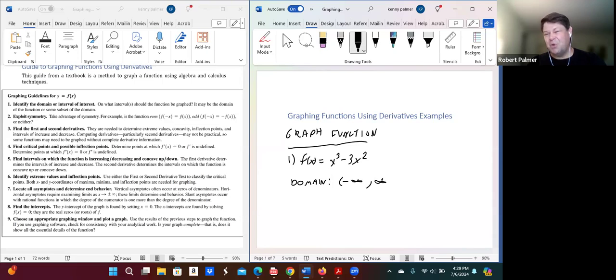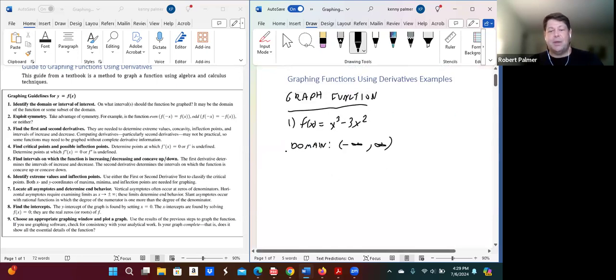We're not going to try and graph it that way, obviously, but that's our domain. If you had a restricted domain, maybe between 0 and 5, make sure to take that into account and also find the function at the endpoints. Okay, that's our domain. Here, what kind of symmetry it has is not as clear, so I'm not going to worry about the symmetry now, but you can always determine whether it's an even or odd function.